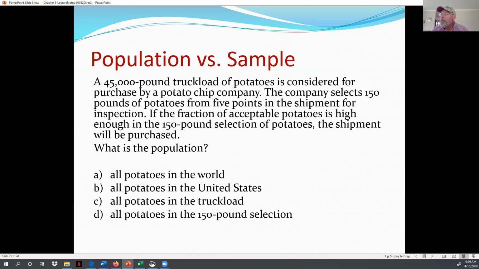If the fraction of acceptable potatoes is high enough in the 150 selected, the shipment will be purchased. What is the population here? All the potatoes in the truckload. Okay, so that's where the potatoes are coming from, and that is the population in this particular case.